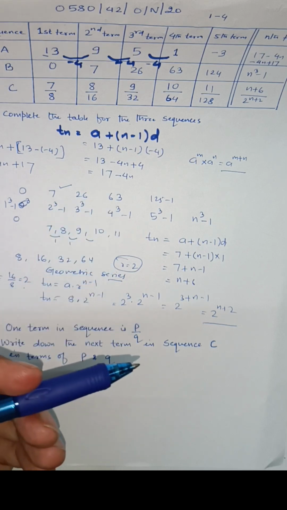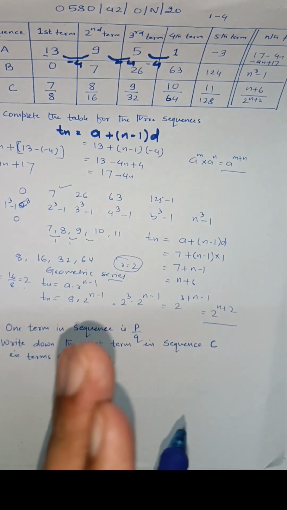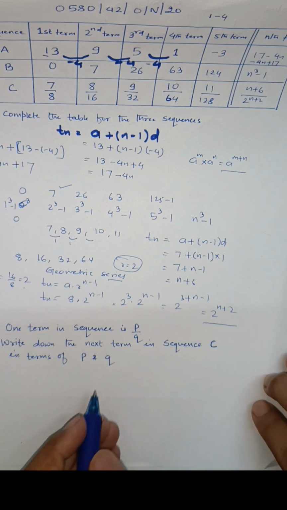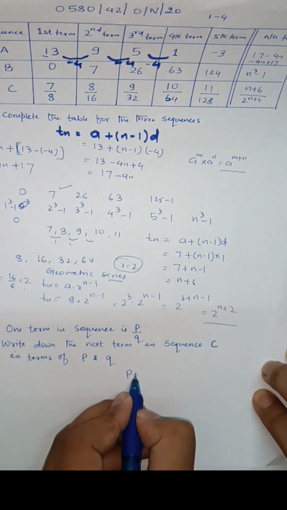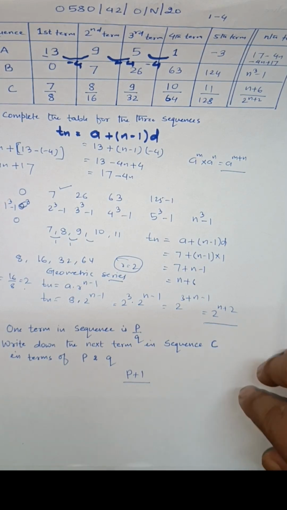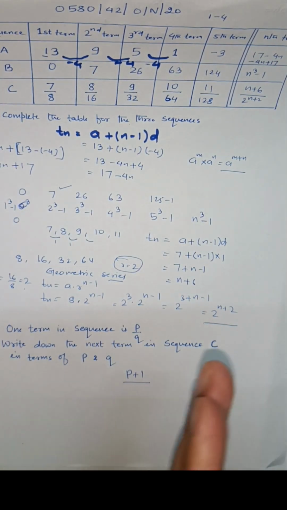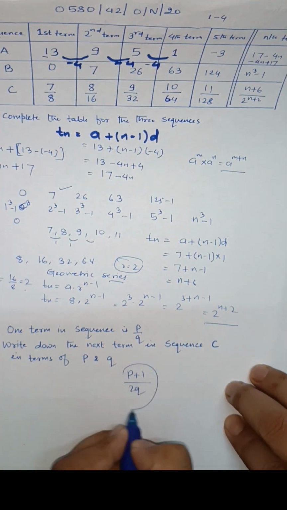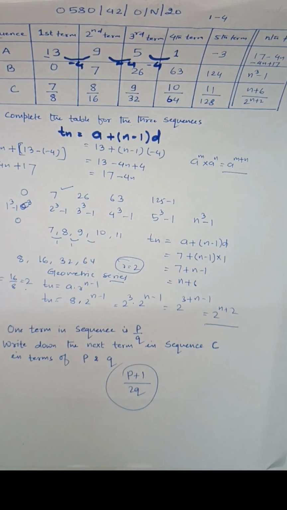From there we can see the numerator 7, 8, 9, 10 is going to be plus 1, right? So the next term will be p plus 1 for the numerator. And for the denominator, if you see 8, 16, 32, 64, 128, it is a multiplication by 2. So our next term will be 2 into q. So this way we can solve sequence problems.